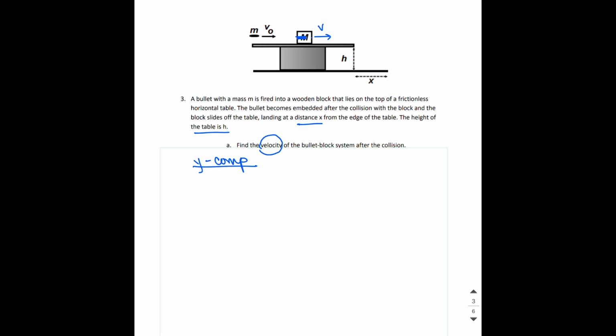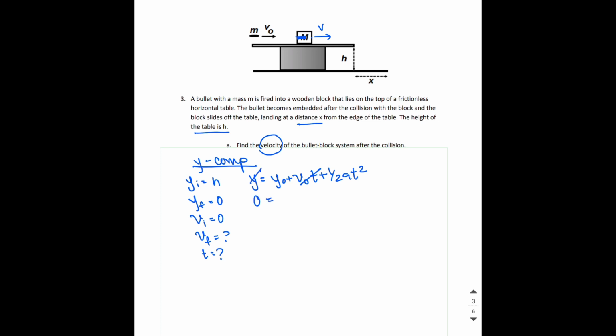I have a y initial of h, a y final of 0, a v initial of 0, and a v final is unknown. We don't even need that v final. What we need is the time. So I'm going to use the second kinematic equation. This ends up canceling out, and so does that.